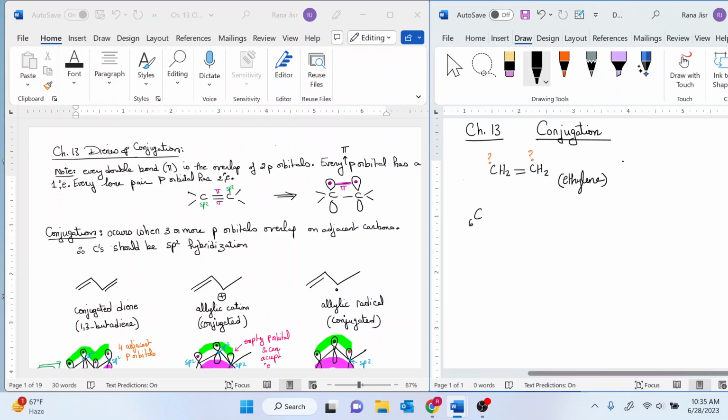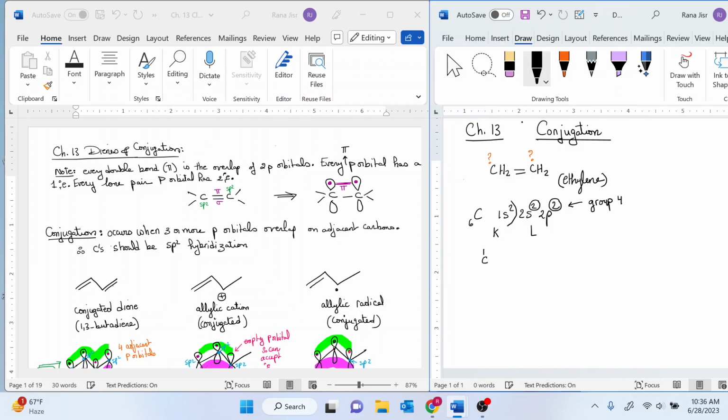So carbon has an atomic number of 6. Go ahead and draw its electronic configuration. We know that the first shell is completely filled. The second shell here is partially filled. So this is why carbon has 4 electrons in its outermost shell, and carbon belongs to group number 4.